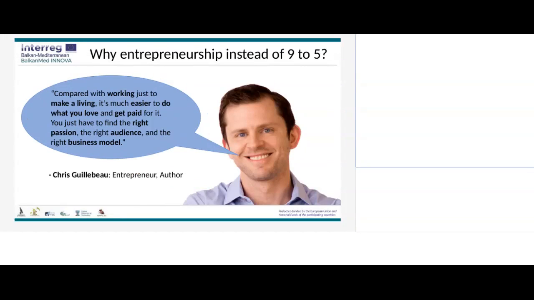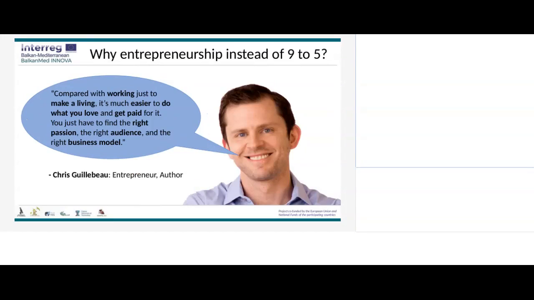So let's now address one really romantic question, which is why someone would choose entrepreneurship instead of a 9 to 5. It's because by choosing entrepreneurship, you can do what you love in many cases.